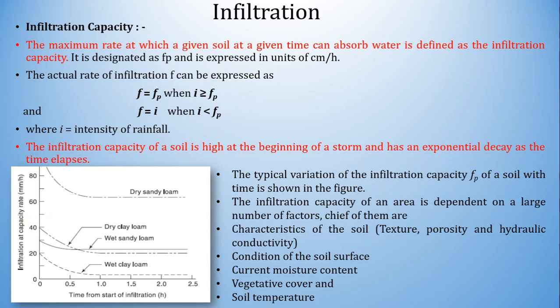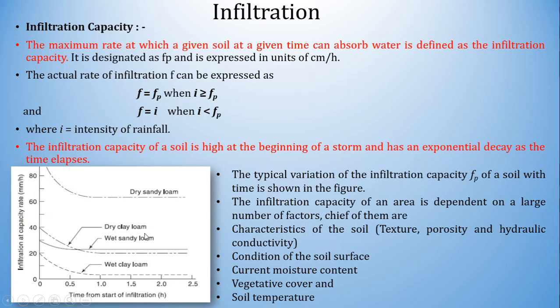So here you can see, for different kinds of soils, the infiltration capacity rate is shown in mm per hour. In the case of dry sandy soil, the infiltration capacity is more at the earlier stage. As the storm continues, the infiltration capacity goes on decreasing.